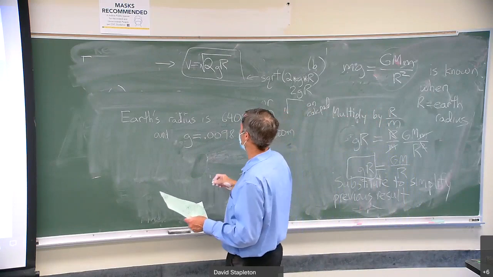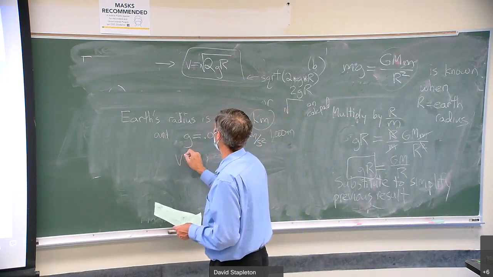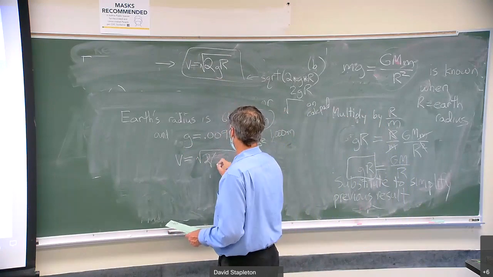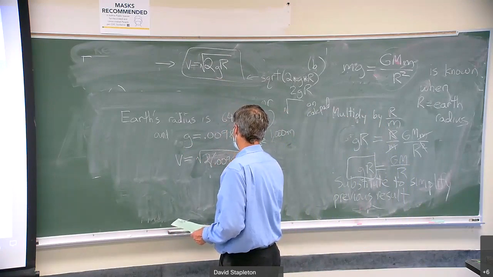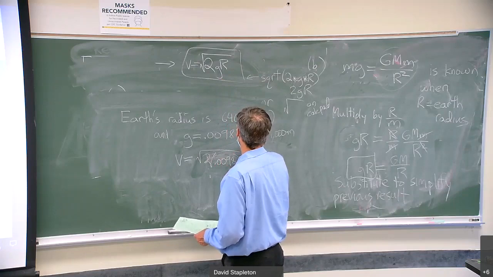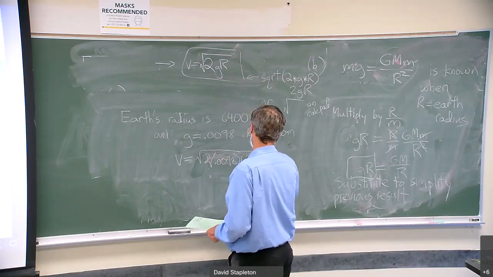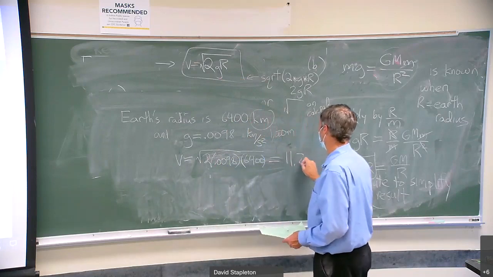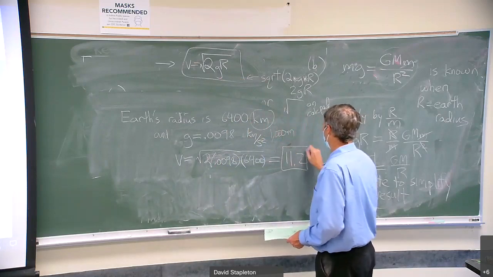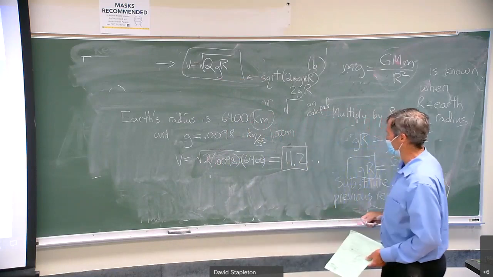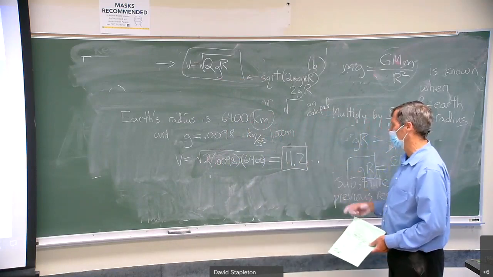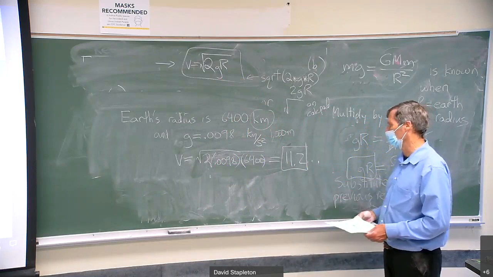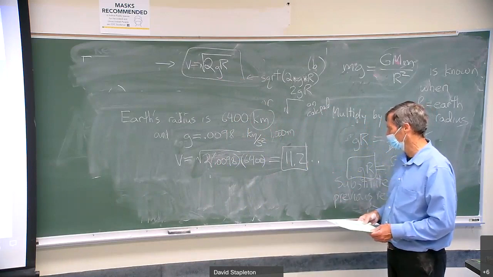But what you get when you put that in is V equals square root of 2 times 0.0098, times 6,400 for R. Put those numbers in and see what you get. And what you get is 11.2 and a bunch of stuff. They've rounded it to 1 significant digit. I think if you put in more digits, you'll probably accept it, but put in 11.2 and it works. That's what it's set up to do.